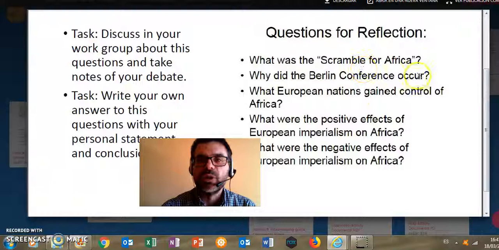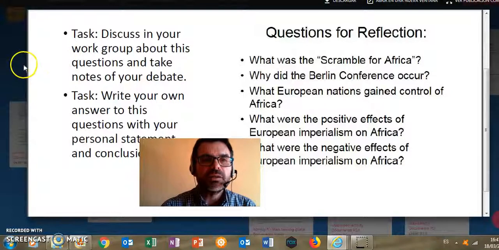What was the scramble for Africa? Why did the Berlin Conference occur? What European nation gained control of Africa? And the positive and negative effects of imperialism in Africa. Okay, they must discuss in work groups, and then write their own answer, their personal statements and conclusion.